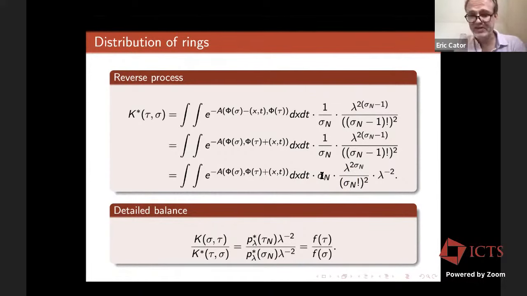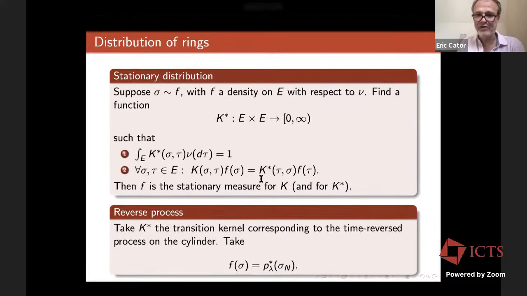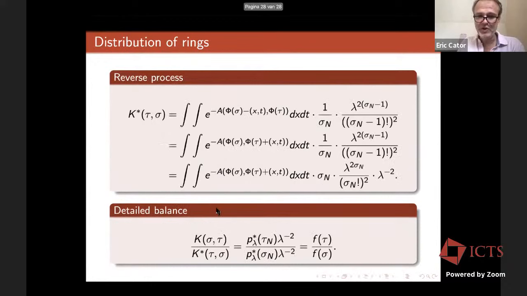And the reason why I do this is the following. If I now want to check this detailed balance formula, what I do is I take k of sigma tau, and I divide by k star of tau sigma. So I divide these two things. And I note that if you look at k star tau sigma, this thing here, well, it's exactly the p star.